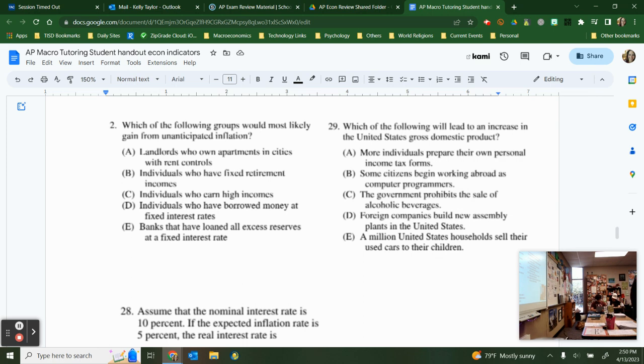Okay, we're trying to have the price of the base.